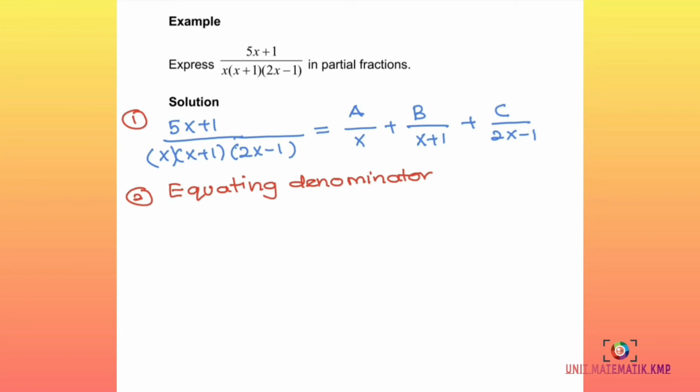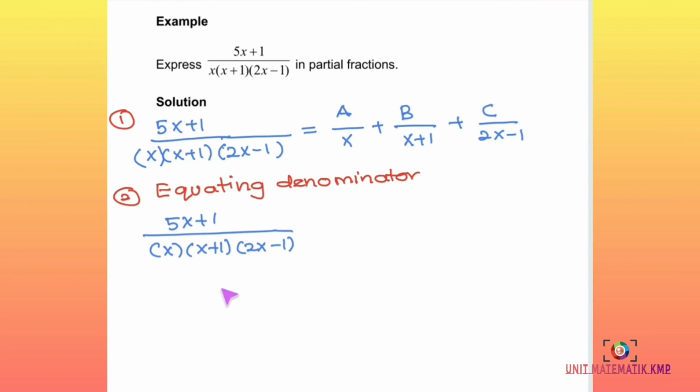Next we want to equate. Second step is equating denominators. Remember, our denominator on the right hand side should be equal to the denominator on the left hand side. Check which ones we already have and which ones we still do not have. For A, we only have x here, so we still do not have (x + 1) and (2x - 1).